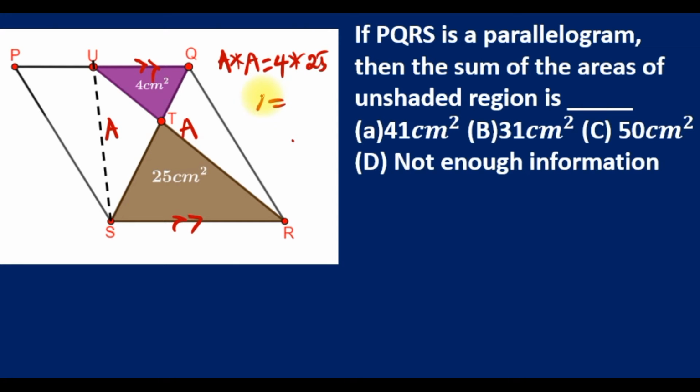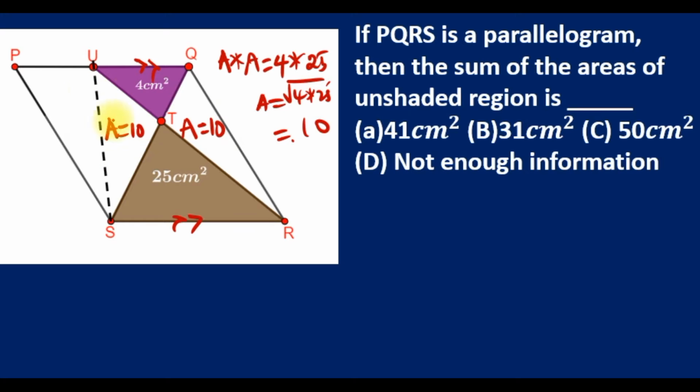So A is the square root of 4 times 25, which is 100. The square root of 100 is 10. So I'm saying this is 10 and this is 10. They are equal, as far as this is the area formed by the non-parallel side.